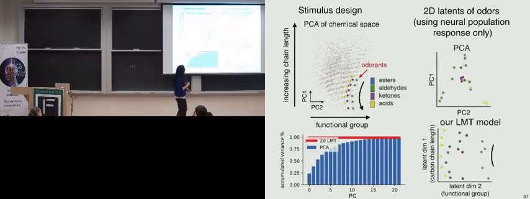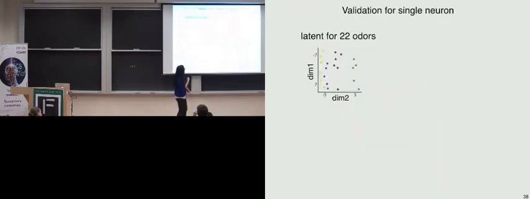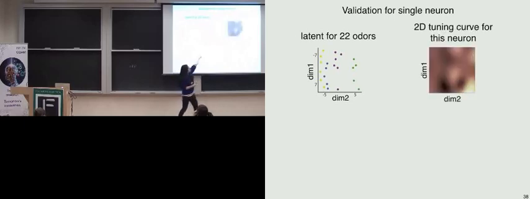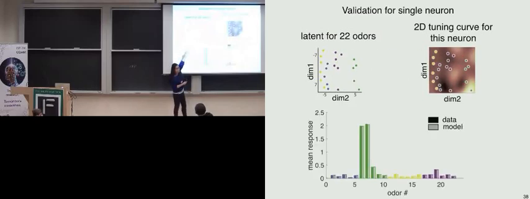This is an example showing we found some latent space shared across all the neurons. We pick this example neuron and also estimate the 2D tuning curve. The white means higher firing rate, and the darker means lower firing rate. And we use this tuning curve to generate neural response from the latent.